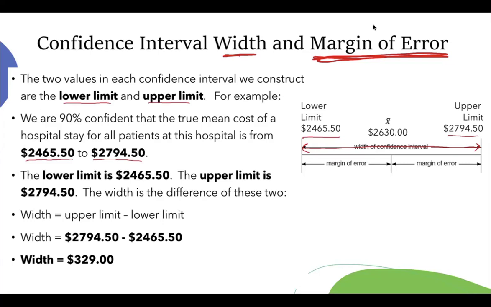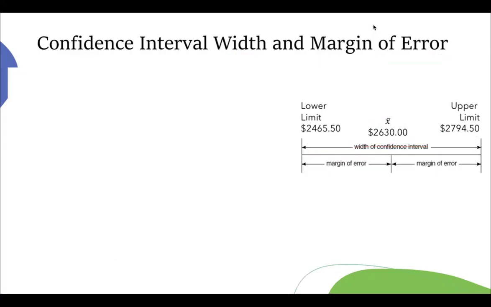After we get our width, in the very center of our confidence interval, we have our point estimate that was provided to us in the beginning of the problem. We were provided with that X bar. The margin of error is half of the width.